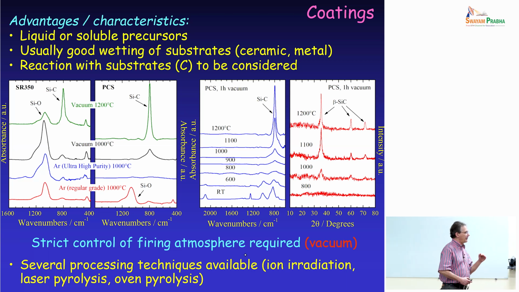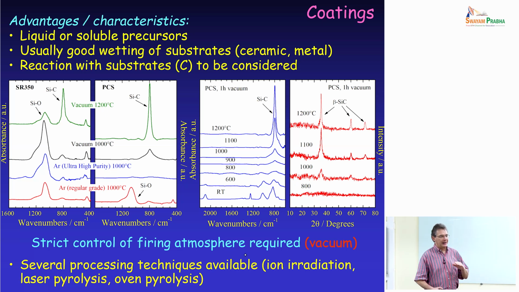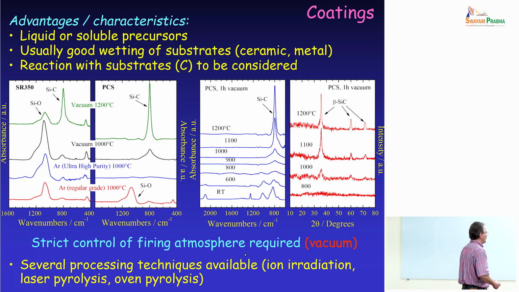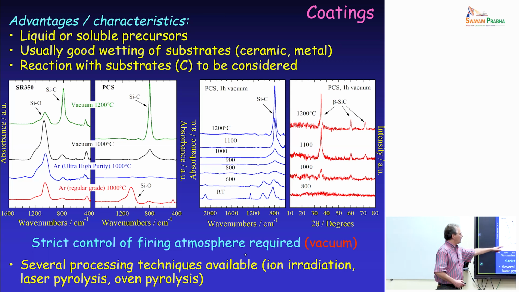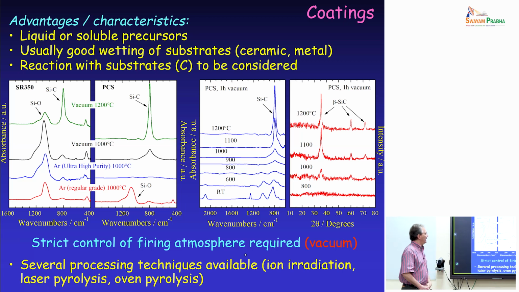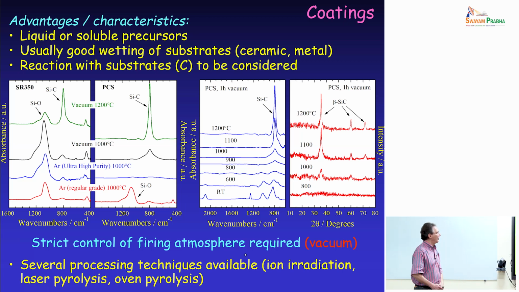There are no problems with making a coating from a solution of a preceramic polymer, but if you want to retain carbon in the material, since the coating thickness is very limited, we realized that using regular grade argon was not good enough because the little oxygen contamination would be picked up by the material. And if you use vacuum, then you can retain the carbon in your material.